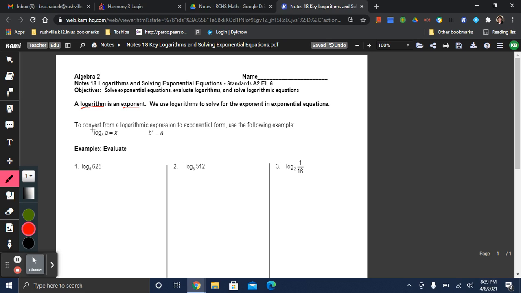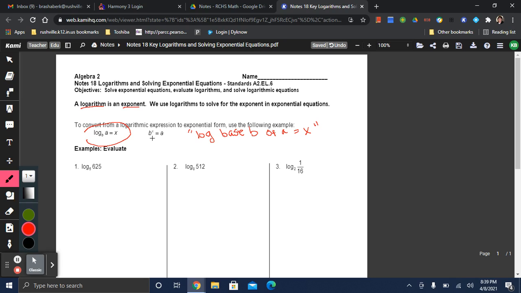So the way that you would say this statement is log base b of a equals x. That's how you would say that. And you would translate it.